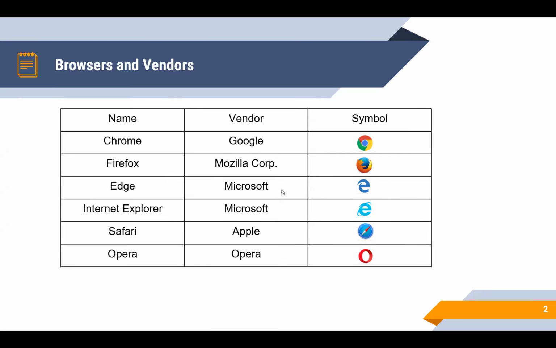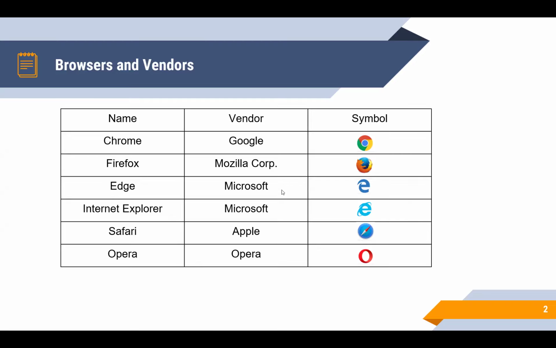Why am I pointing this out, that different browsers are from different companies? Because ultimately, if different browsers come from different companies, then definitely the internal architecture, internal coding, and internal flow will also be different.